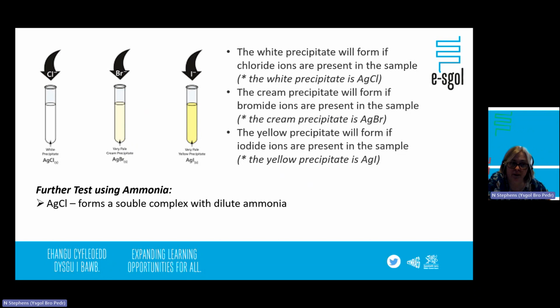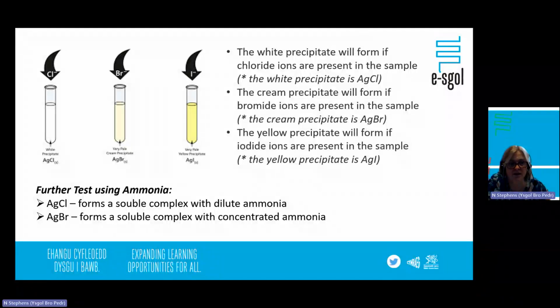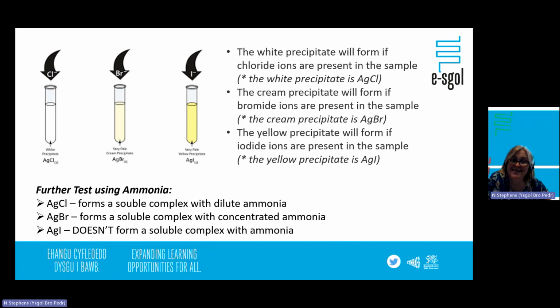Silver chloride will form a soluble complex even with dilute ammonia, while silver bromide will require concentrated ammonia, but then will indeed form a soluble complex, whereas the final one, silver iodide, does not form a soluble complex with ammonia regardless of concentration.